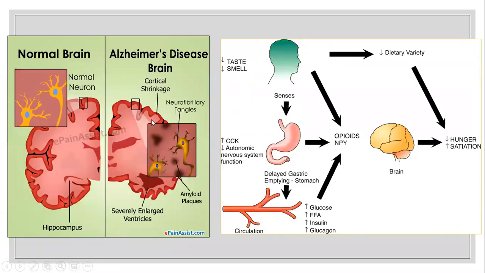So in this picture, we can see normal brain tissue in a healthy adult. But because of aging, the brain undergoes degenerative change and the brain tissue shrinks, and this actually causes Alzheimer's disease because of the aging process.